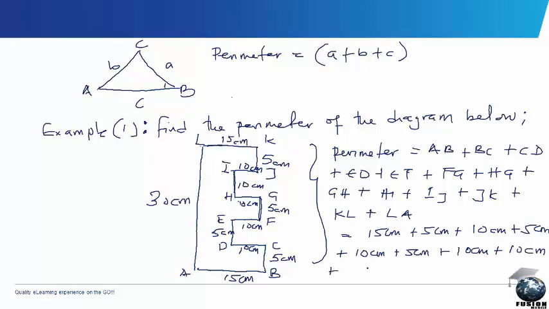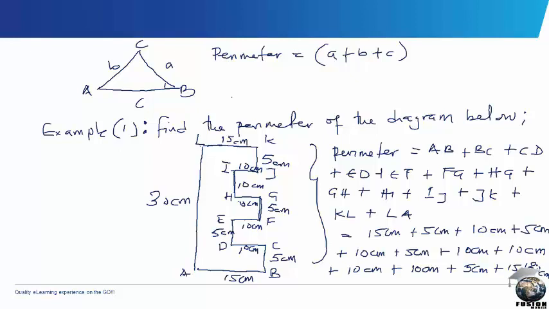HI is 10 cm, IJ is 10 cm, and then JK is 5 cm, KL is 15 cm, while LA is 30 cm.